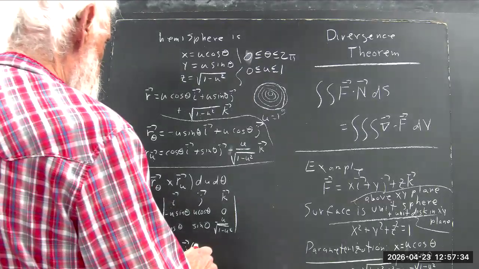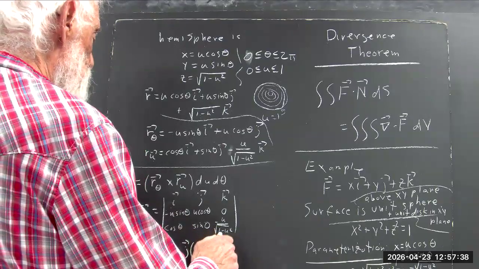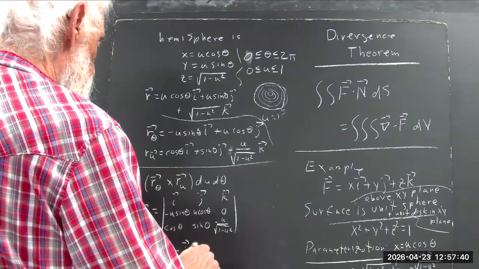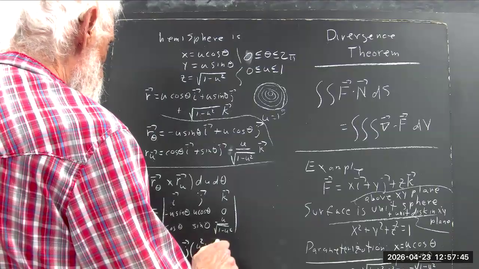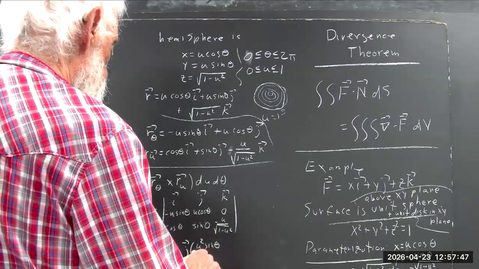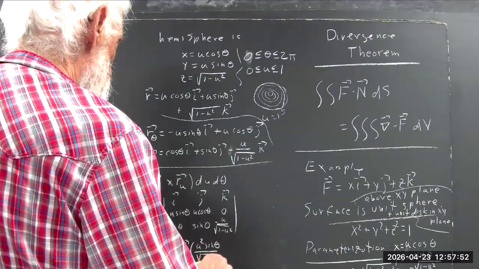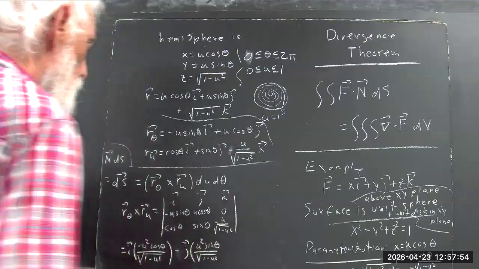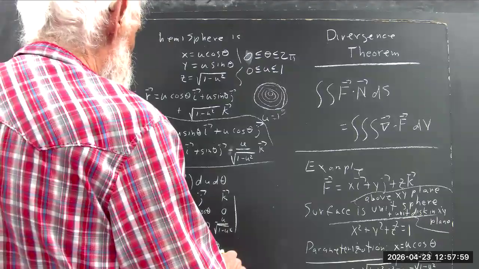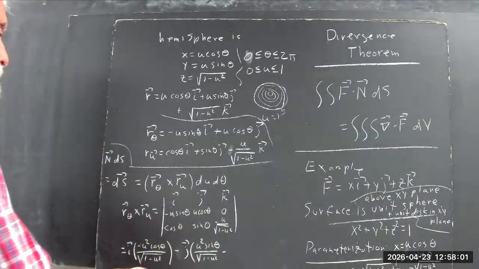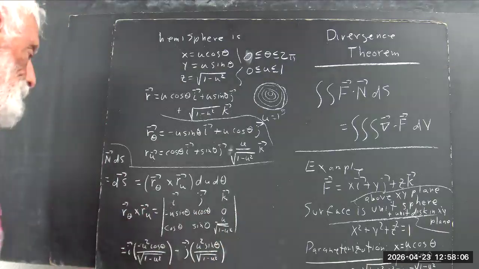And you're going to get u sine theta times negative u over 1 minus u squared, which is u squared sine theta over 1 minus u squared, minus, well, minus nothing, which is 0.